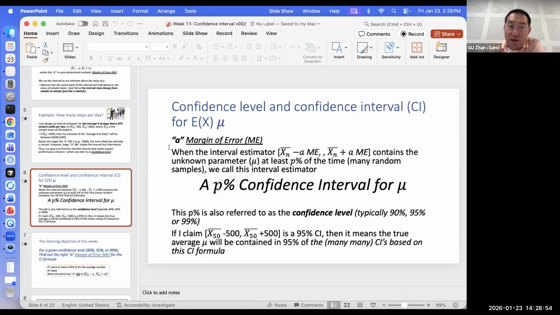Okay, so when the interval estimate contains the unknown population parameter, mu, the population mean, at least p% of the time, we call this interval estimator a p% confidence interval for mu, the population mean.